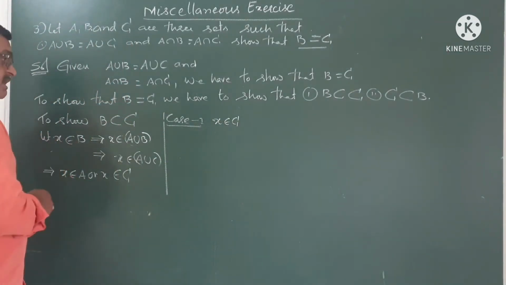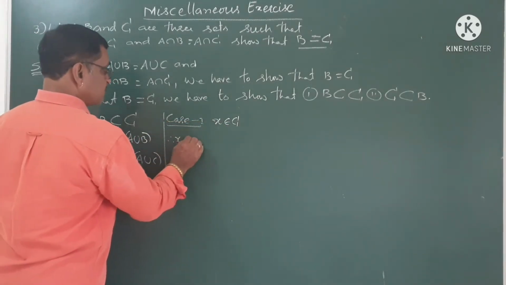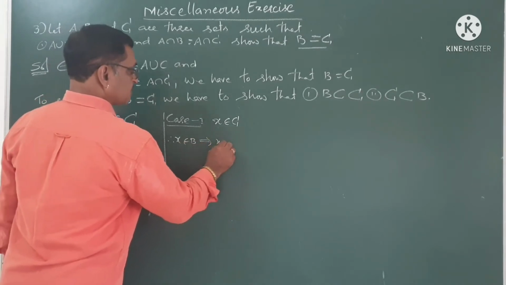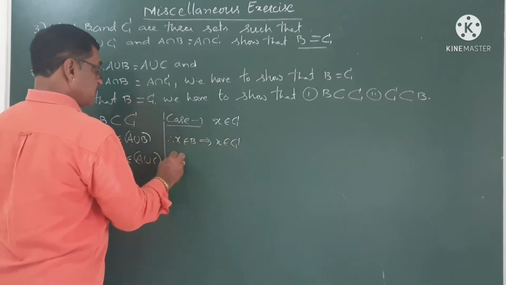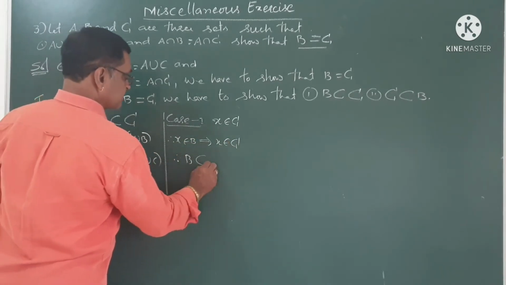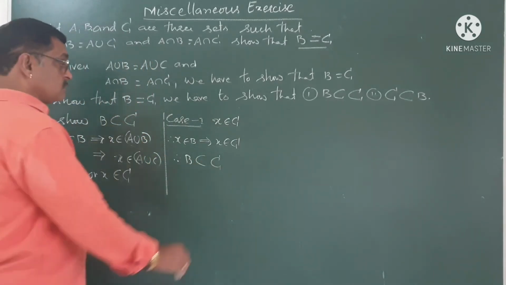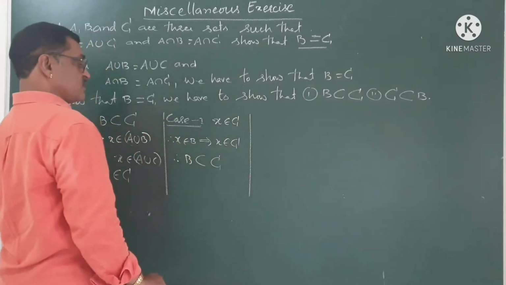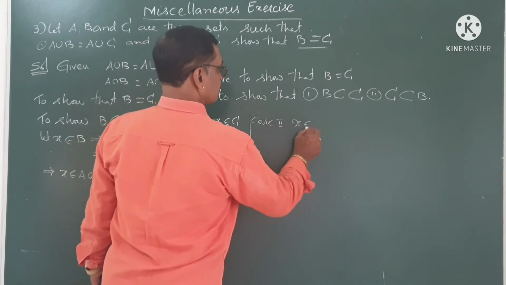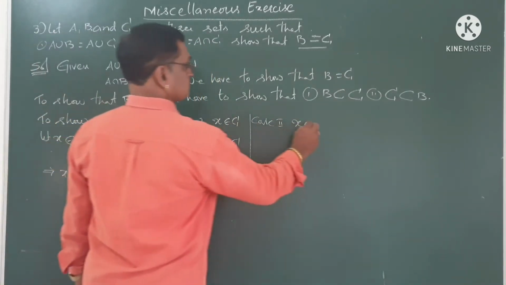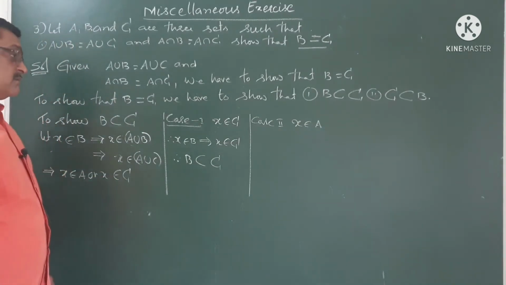I have taken x belongs to B and I have here x belongs to C. Therefore, x belongs to B implies x belongs to C. Whenever x is an element in B, it is also in C. Therefore, B is subset of C. Very good. Now, what is case 2? Case 2 is x belongs to A. Case 1 is x belongs to C. Case 2 is x belongs to A.